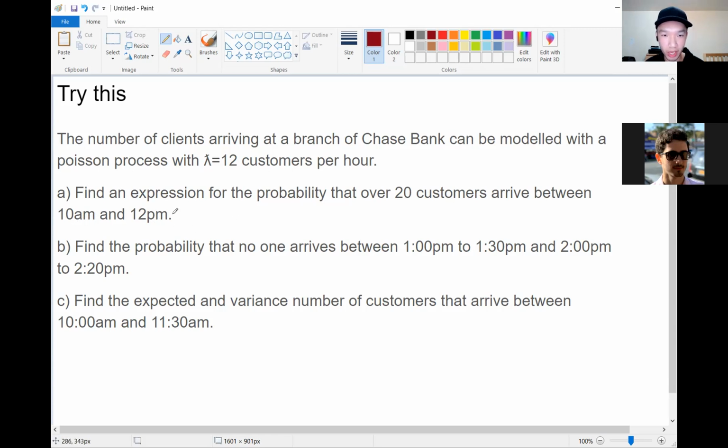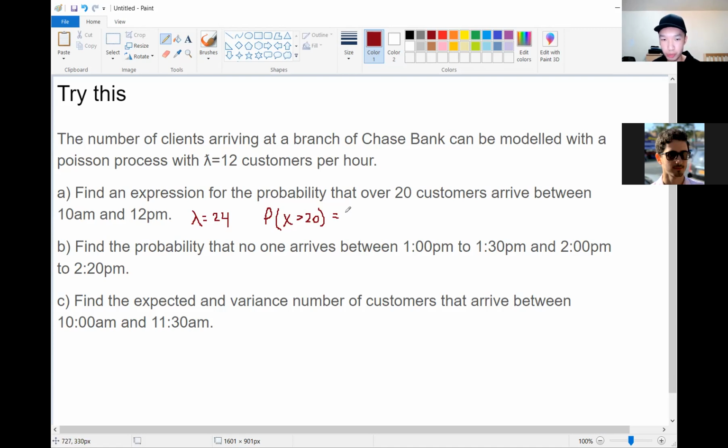That's 2 hours. So if it's 2 hours, then we have to scale our lambda to 12 times 2, which is 24. And then we want to find the probability that there's over 20, so x is greater than 20.